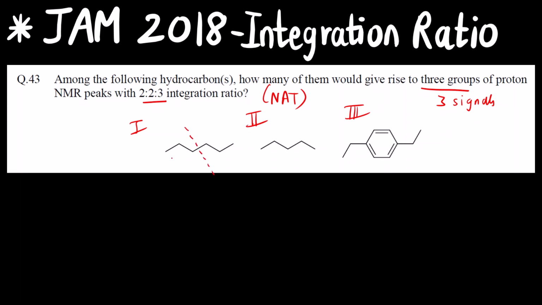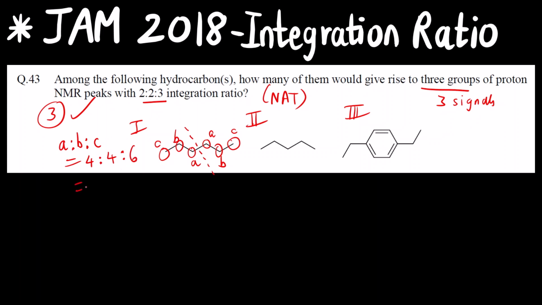This CH2 will show one signal A, this CH2 will show another signal B, and this methyl will show another signal C. So the first condition, 3 signals, is satisfied. The ratio: A is 4, B is 2 plus 2, 4, C is 3 plus 3, 6. So the ratio is 2:2:3.